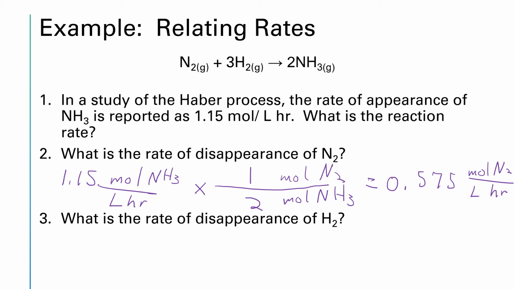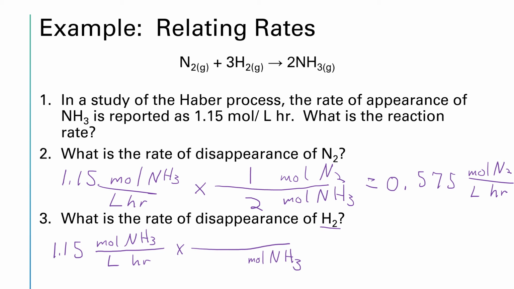And we'll do pretty much the exact same thing in the last part. It's asking us to express this in terms of the disappearance of hydrogen. So we'll start with the 1.15 moles of ammonia per liter per hour. And we'll multiply this. Well, the bottom of the next step has to have moles of ammonia, and the top should have what we're looking for, so moles of hydrogen.